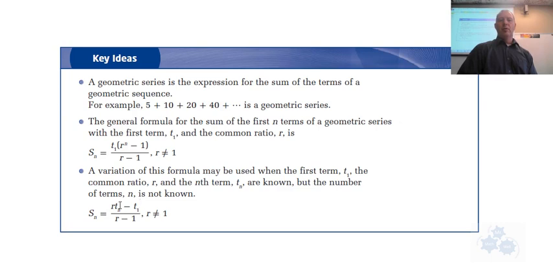If you know the final term, you can actually use this one. So this is the one last thing I'll add to the lesson. A variation of the formula can be used when the first term, the common ratio, and the final term are known. So this would be a good one to write down as well. We'll mostly be using the other one, but this one is good as well if you know the nth term.